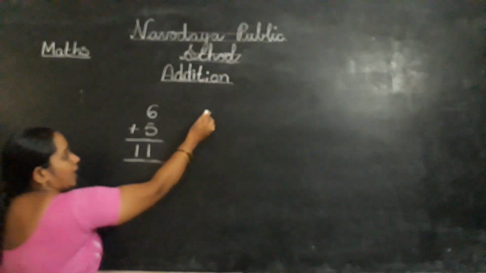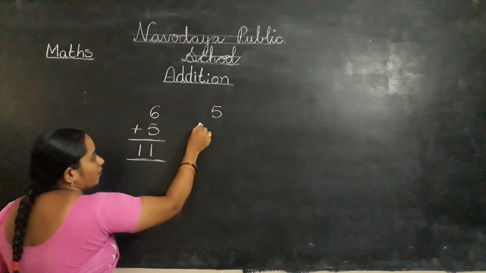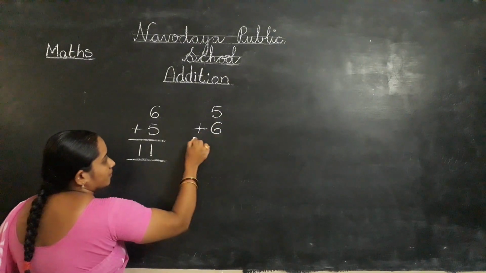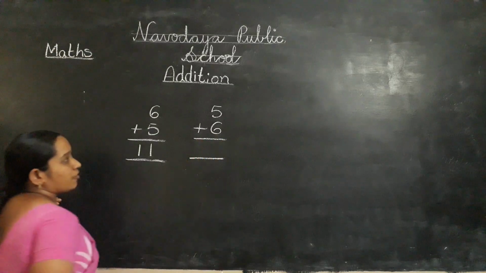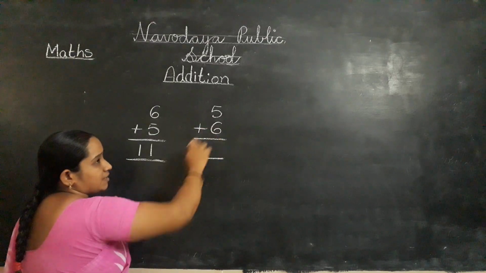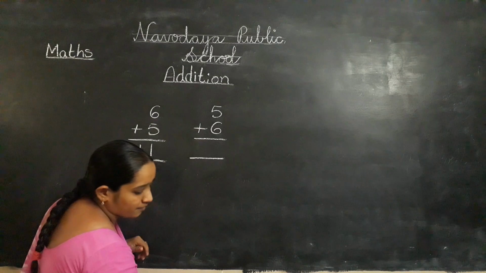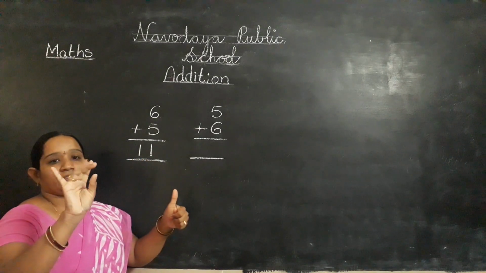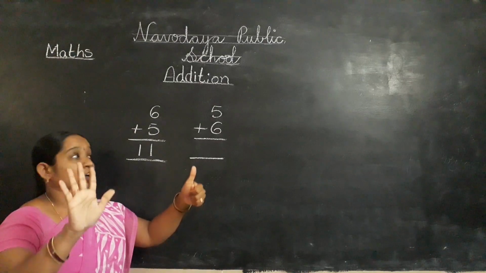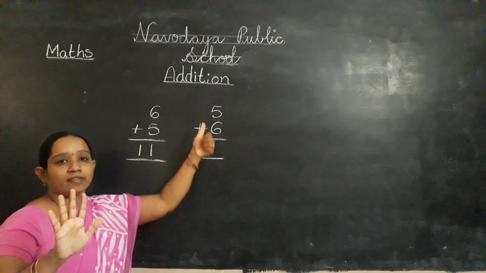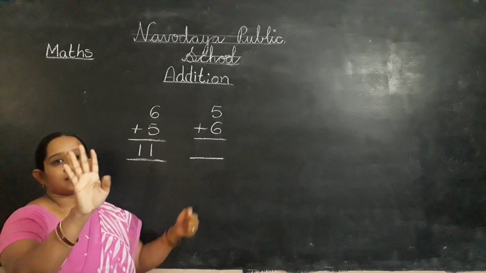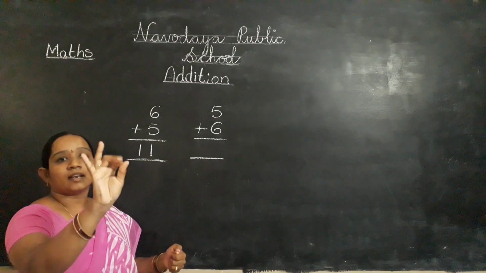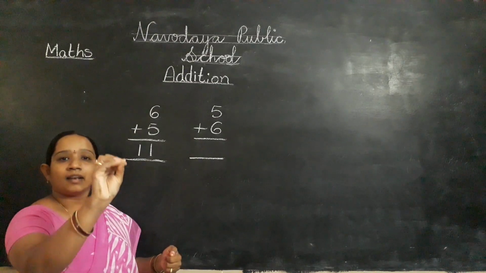That means add 5 plus 6. Take 6 fingers. 1, 2, 3, 4, 5 and 6. Now count 5 after: 6, 7, 8, 9, 10, 11.